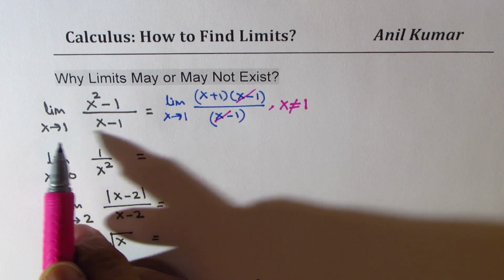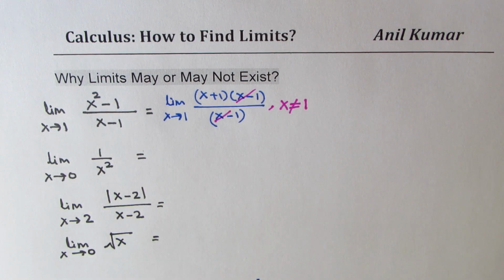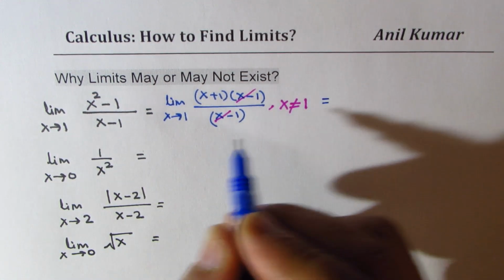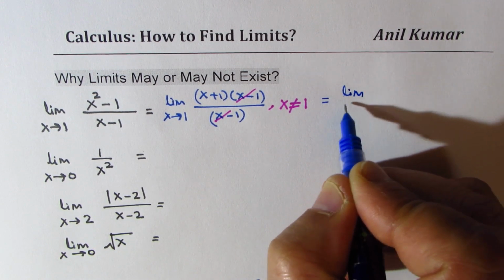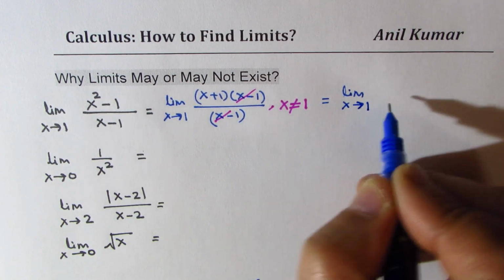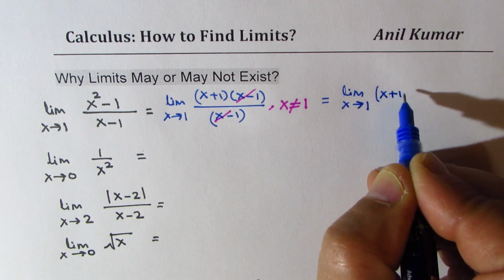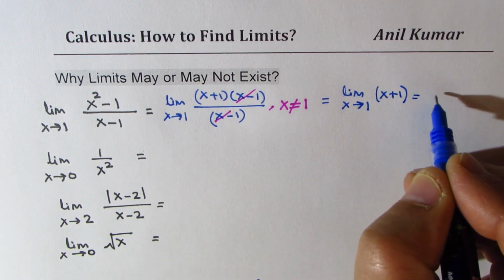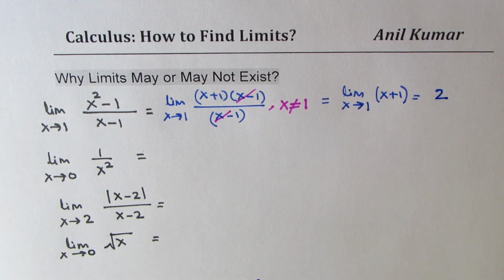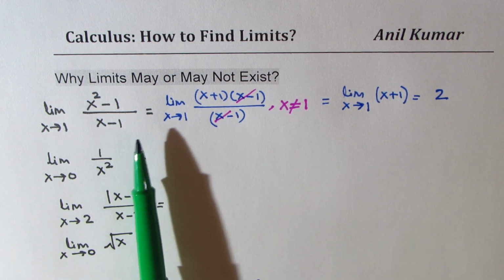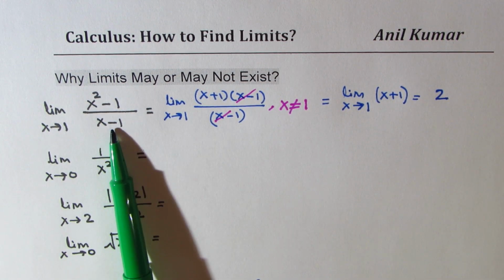But you can find the limit, you can approach the value, right? So then you get the limit as x approaches 1 of x plus 1, substituting 1, we get 2 as our answer. Perfect. So we find that the limit exists in spite of the fact that the function is not defined at a given point.